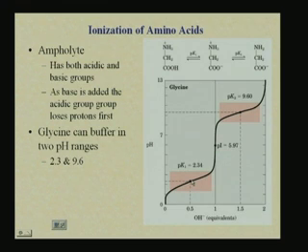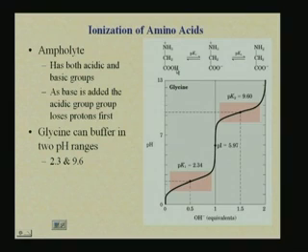I have equal amount of this species, which is my A minus, and this species. Now, I want you to understand this very clearly, because you have to remember that as soon as you start OH minus addition, this H plus starts getting abstracted.